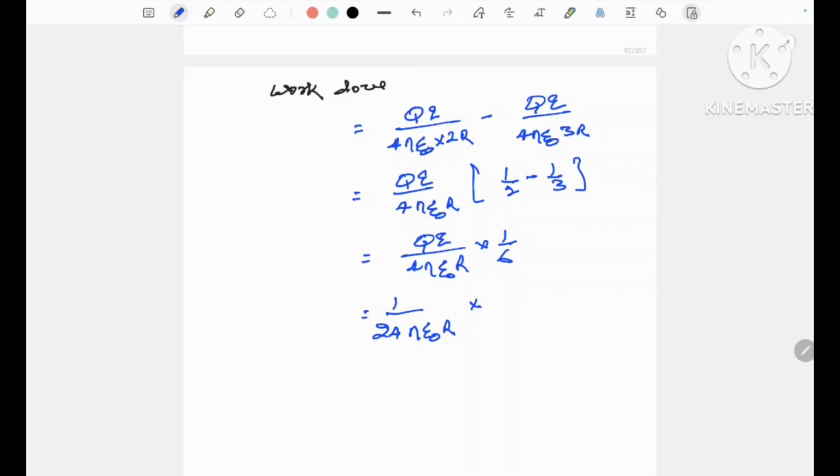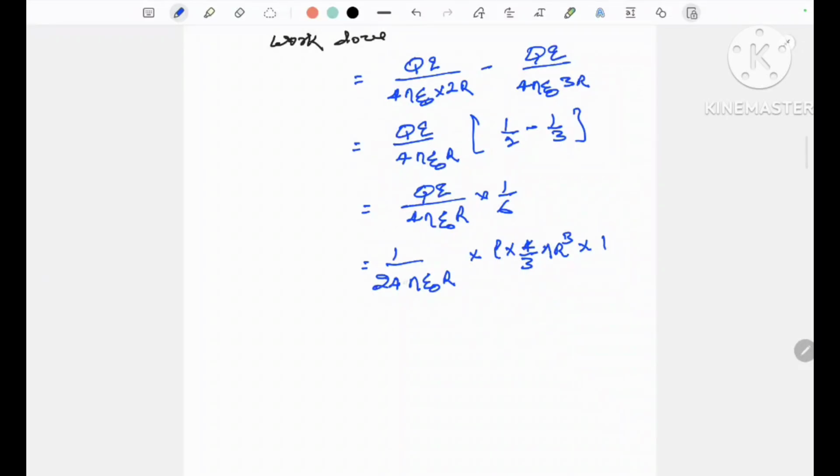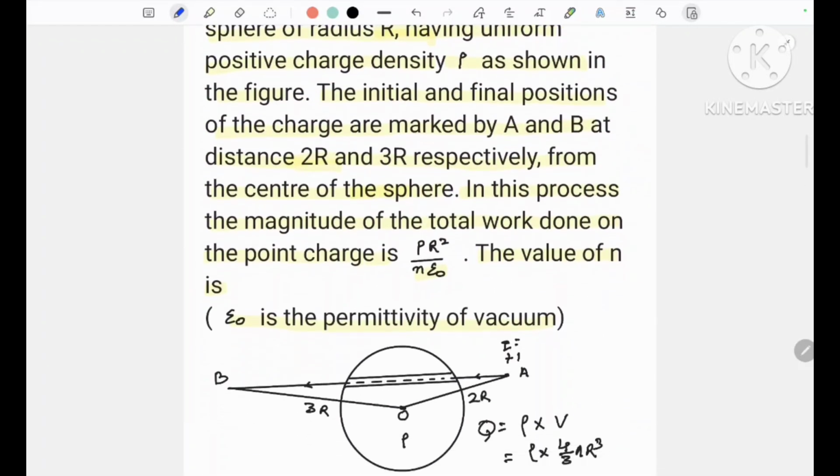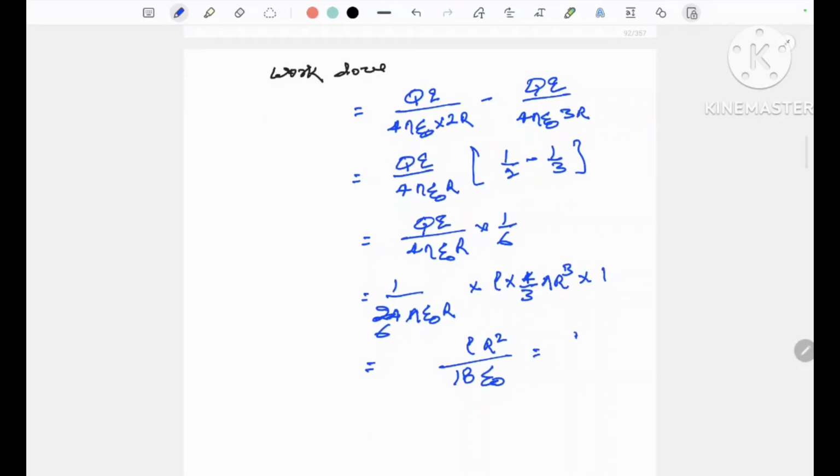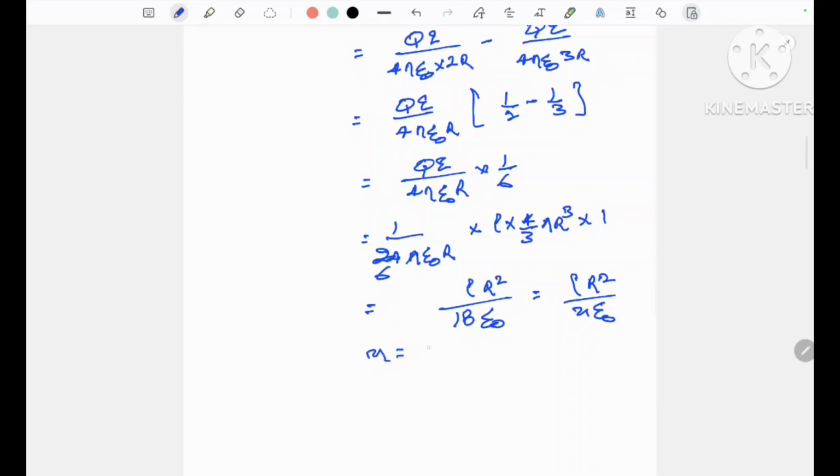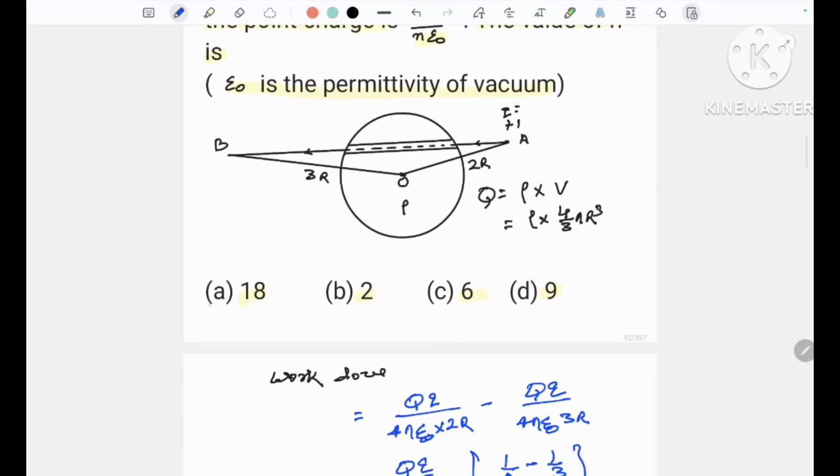Q is capital Q, rho into 4 by 3 pi r cube and small q is 1. 6 पाई से पाई क्रॉस हो जाएगा, rho r स्क्वायर बाई 18 एप्सिलॉन डॉट, and this is equal to rho r square, जो गिवन है rho r square अपॉन n एप्सिलॉन डॉट. हैंस n इज 18. n की वैल्यू इज 18. This A is correct option.